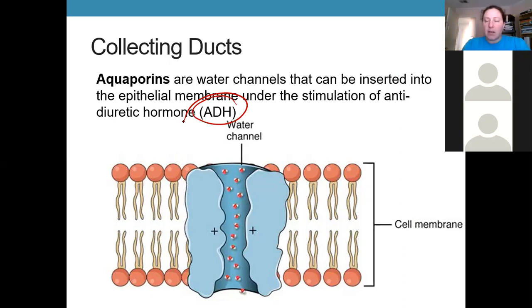You put more water channels in, we reabsorb water, so the collecting ducts still have a role, they're not just a tube. So we typically deal with the distal convoluted tubule and the collecting ducts together because most of their job is determining how much water actually goes out into the urine. And we'll tackle that again in more detail on Monday because that'll be the physiology side.